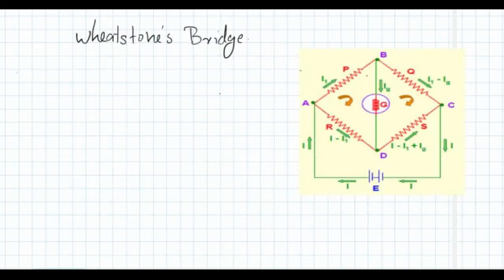A Wheatstone's bridge is a network of 4 resistors as shown here. So this is how the 4 resistors are connected, and there is one source of EMF also. P, Q, R, S represent the 4 resistors, and between the points B and D we are connecting a galvanometer. So this G represents a galvanometer.